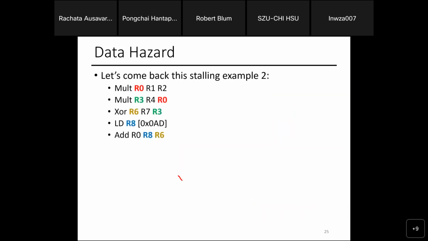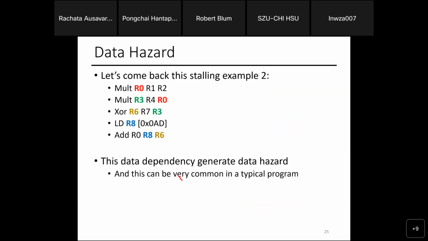Now, this thing is called a data hazard. Data dependency generates data hazard, and it is a really common thing in your program because we can do something like this: for i equals 0, i is less than 1000, i plus plus. Look at the value of i update, and then the next instruction I do is i less than 1000.